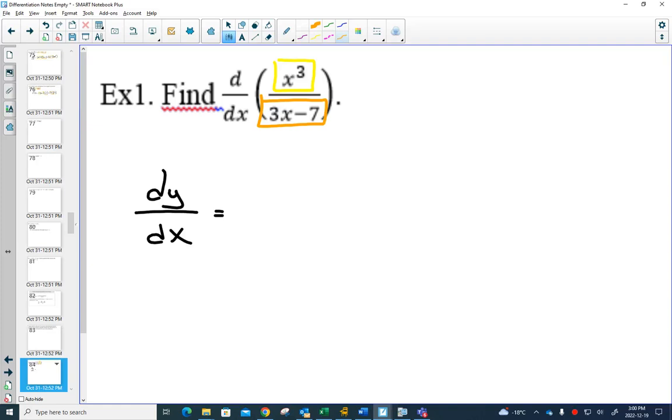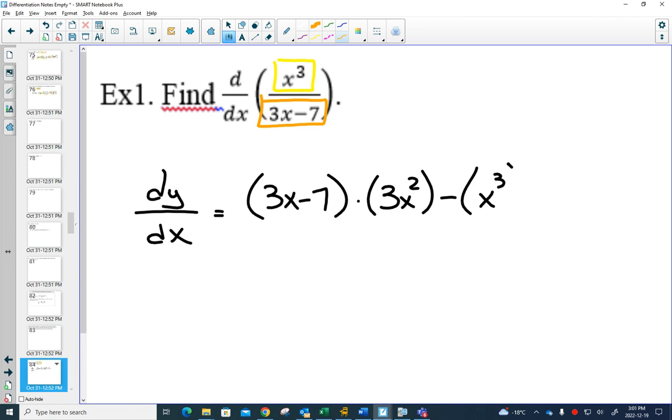So in this one, we're going to keep the bottom the same, okay? So that would be 3x minus 7. Then we multiply by the derivative of the top. That would be 3x squared minus, now keep the top the same, and multiply by the derivative of the bottom.